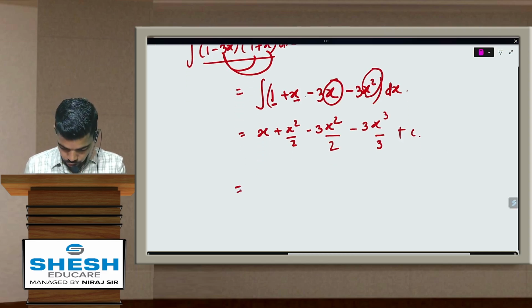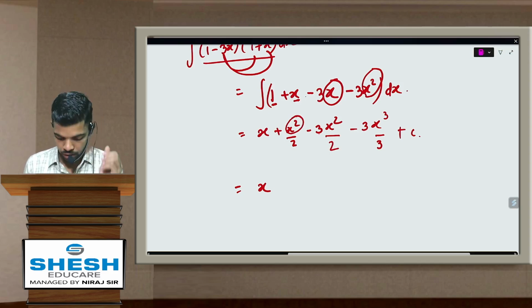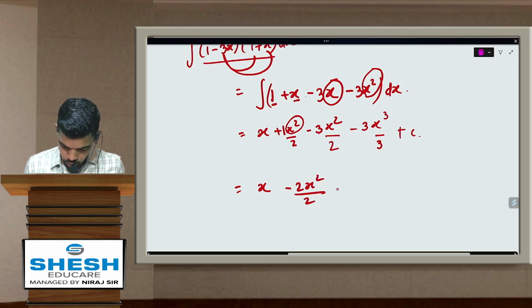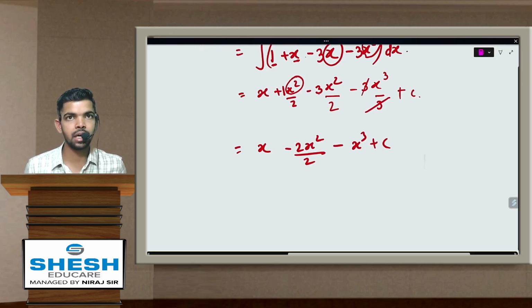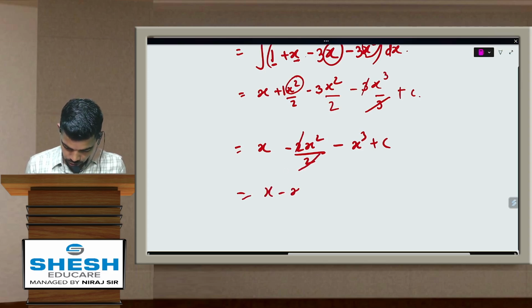Now x minus x square minus 3x square, the denominators are the same, so we subtract the numerators. 1 minus 3 is minus 2x square upon 2, and minus 3 cancel, x cube plus c, which can be written as, 2 cancel, x minus x square minus x cube plus c.